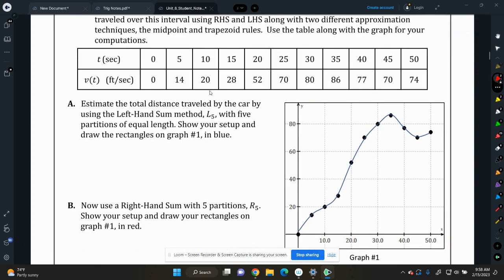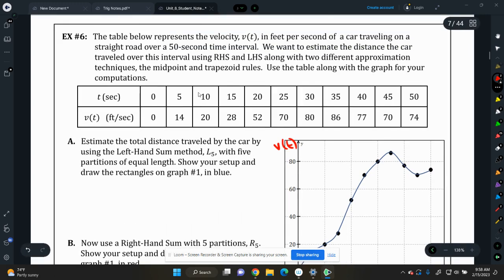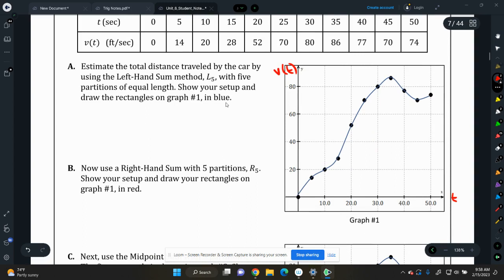So this is velocity, and this is time over here. We want to estimate the distance the car traveled during this interval using the right and the left hand. Remember, velocity.